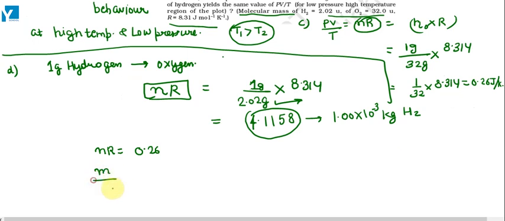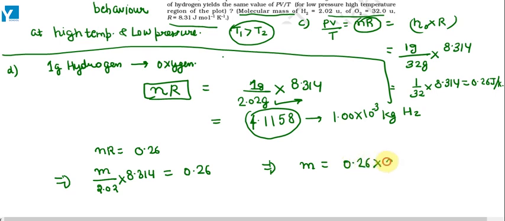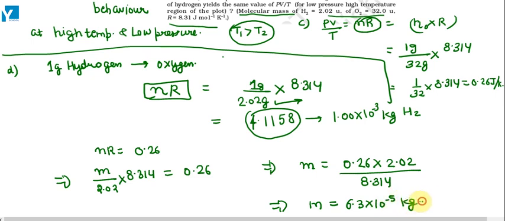This will be mass of hydrogen gas divided by its molecular weight into 8.314 equal to 0.26. This implies on rearranging mass is equal to 0.26 into 2.02 divided by 8.314. So the value of mass comes out to be 6.3 into 10 raised to minus 5 kg, which is the required answer.